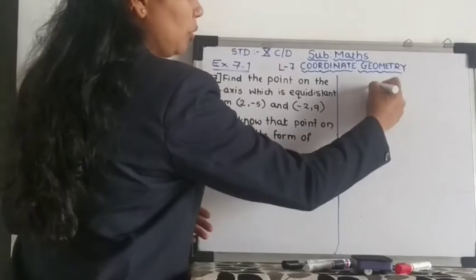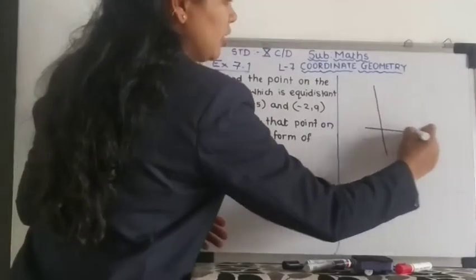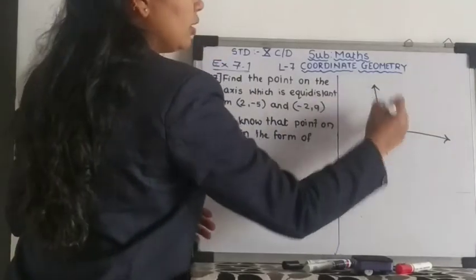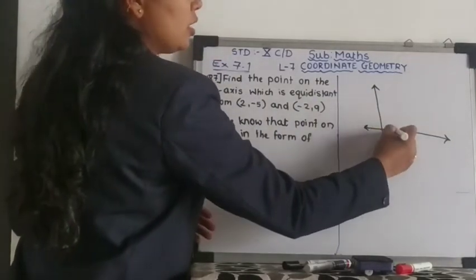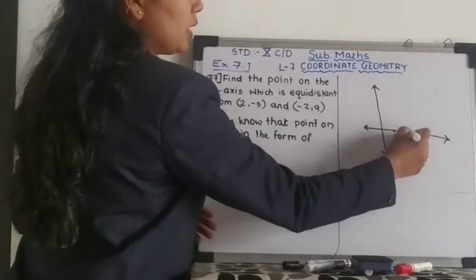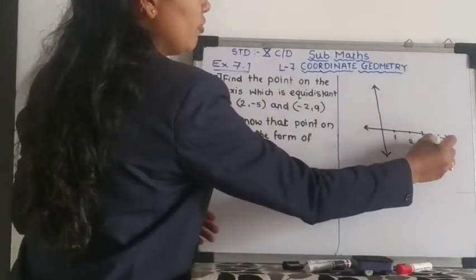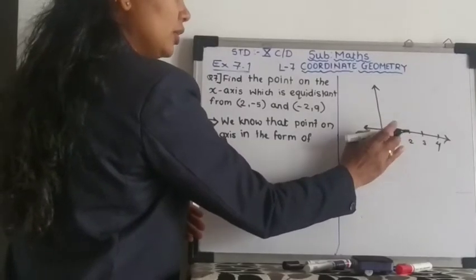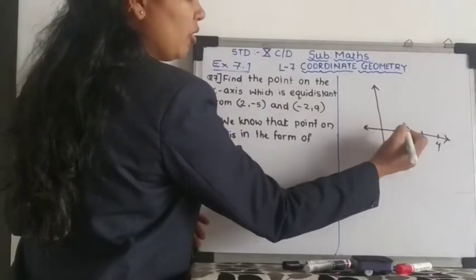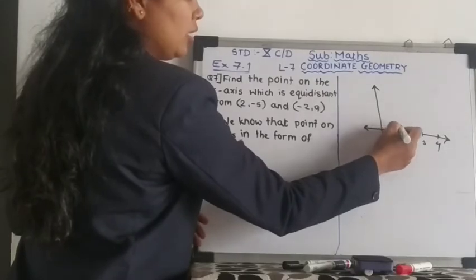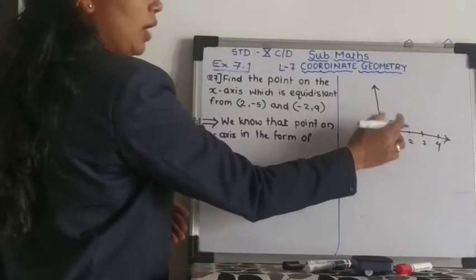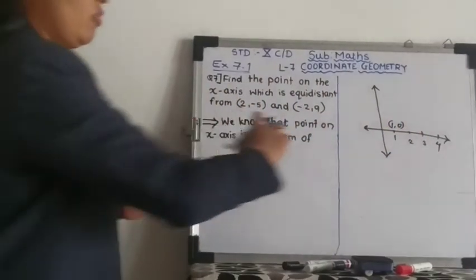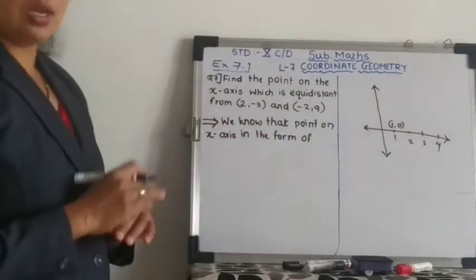or in which form? In the last video I have shown you that for the points on the x-axis, the coordinates, suppose this is 1, 2, 3, 4. If I just want to write the coordinate, this point is in the form of 1 and 0, because its y-coordinate is 0 for all the points which are lying on the x-axis.